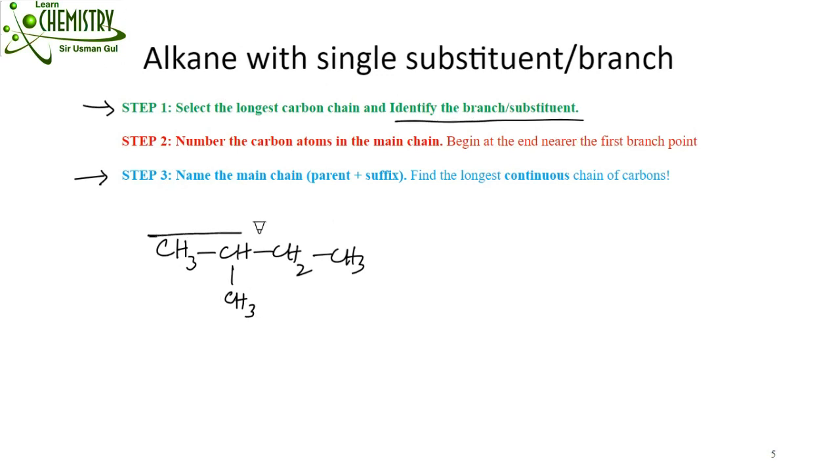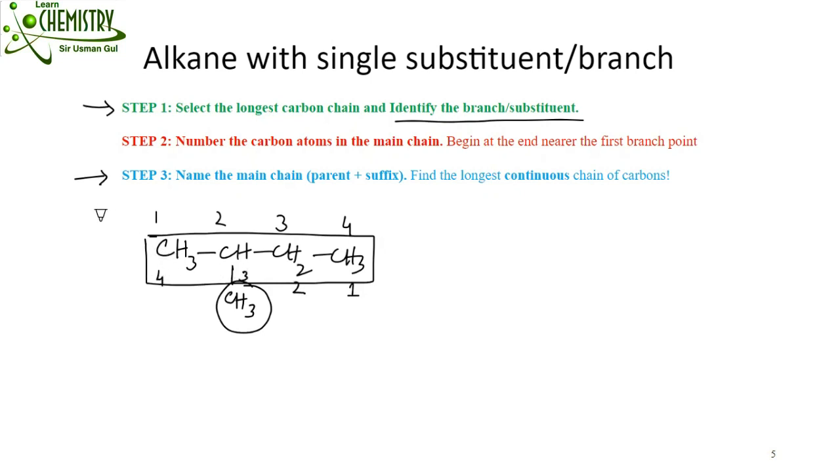Now first thing, we will select the longest carbon chain, and then we will identify the branch. Okay, here I can start numbering from the left hand side: 1, 2, 3, 4, or I can start the numbering from the right hand side. So it will be 1, 2, 3, 4.